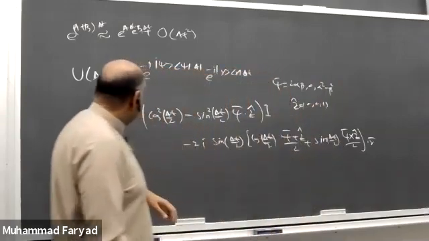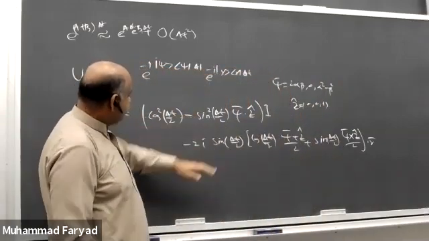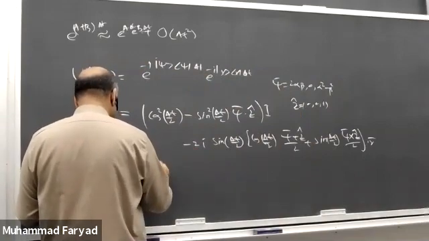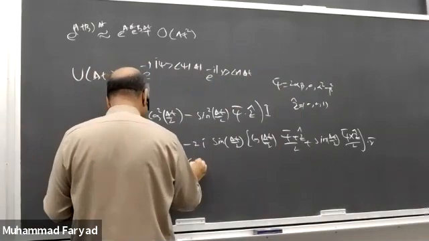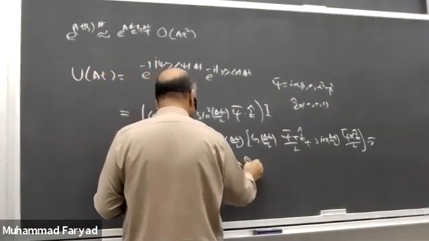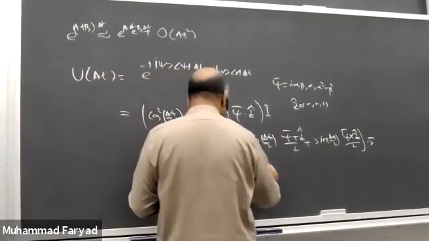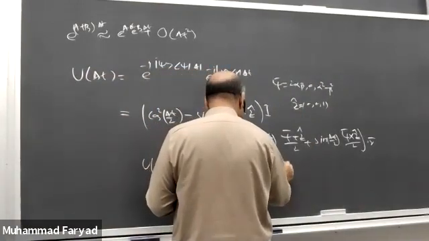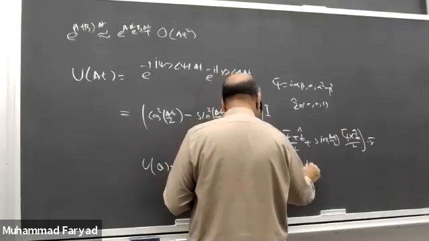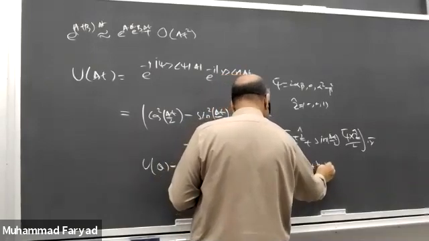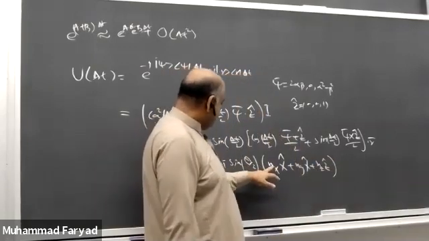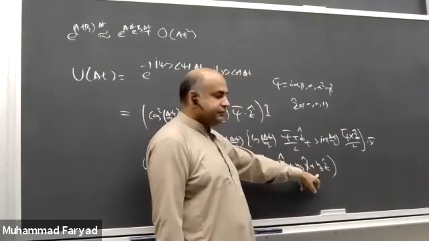Anyway, if you compare it with the general rotation matrix, because in a two-level system each unitary gate is essentially a rotation around an axis, and that axis is given by the components nx, ny and nz.